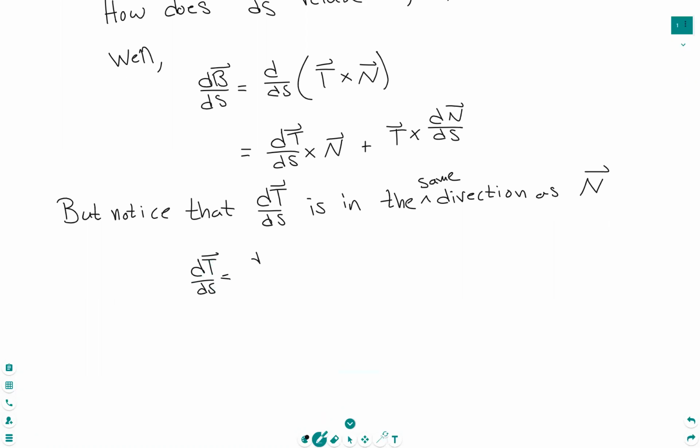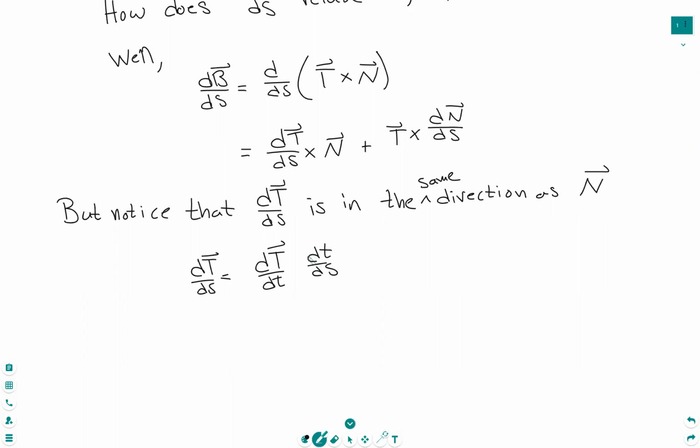Well, this is ds/dt. Oh, no, that's not right. So dT/ds is, so we need dT/dt. There we go.